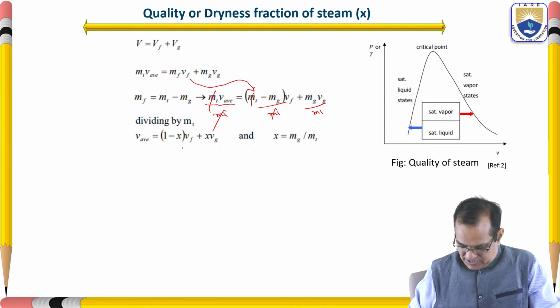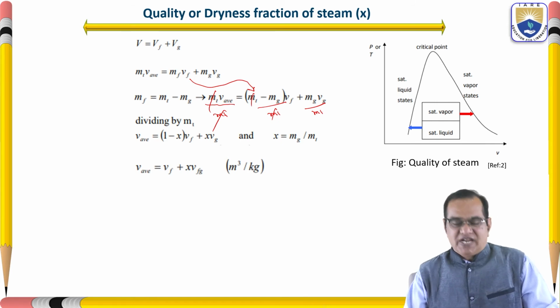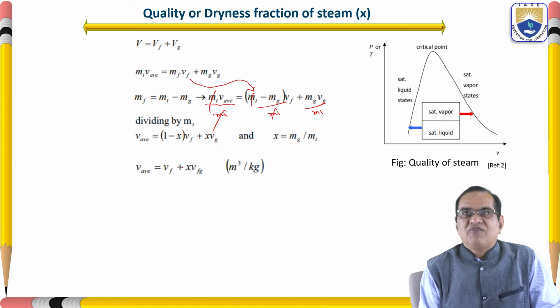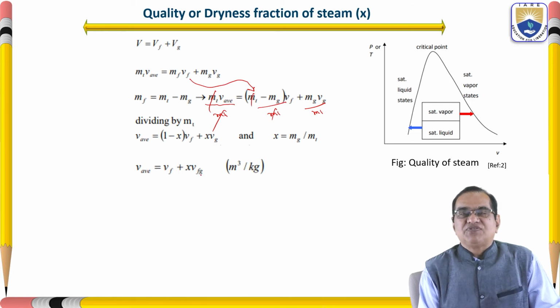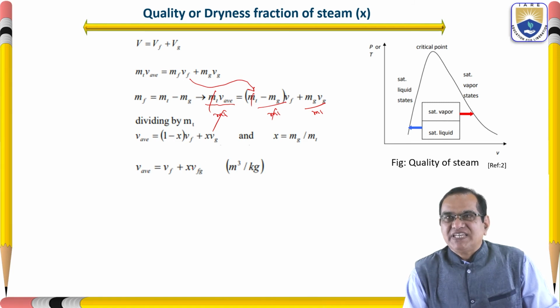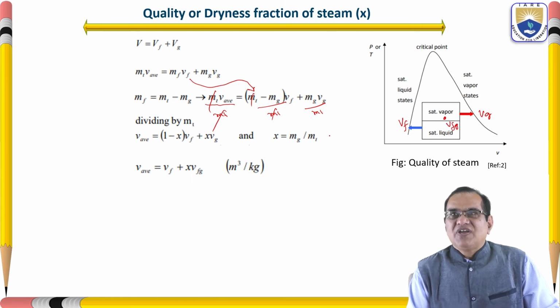So this equation we have got, and from here we can find out that this V average is equal to Vf plus x Vfg. Vf is the value here, and here is Vg, and this is called Vfg because it is Vg minus Vf.